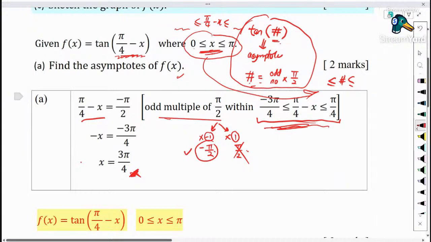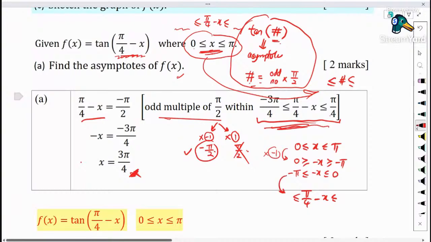Just in case you have no idea how I get from here to this form here, let us go slowly. Everything in this term here, I multiply by negative 1. The inequality changes direction, and then we write it in the form of less than.